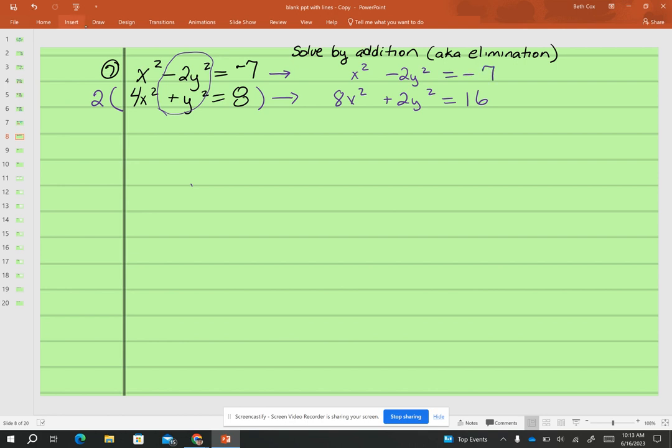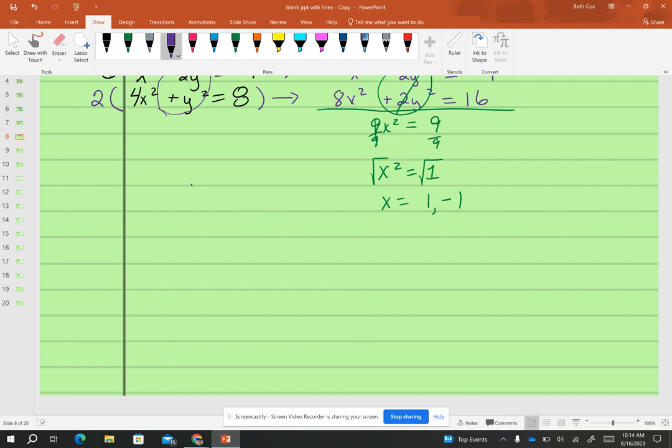And now, when I add the equations together, that creates 0, and I have 9x squared is equal to 9. Divide both sides by 9. I get x squared is equal to 1. Square root, x is equal to 1 and negative 1. I have two x's. I'm going to plug the first one in, just like I did before. Plug in 1.